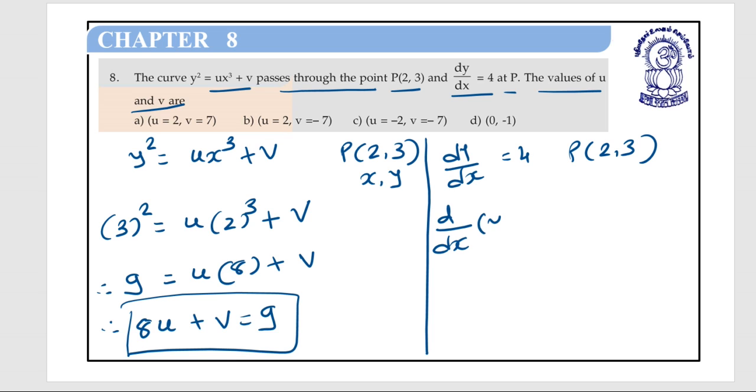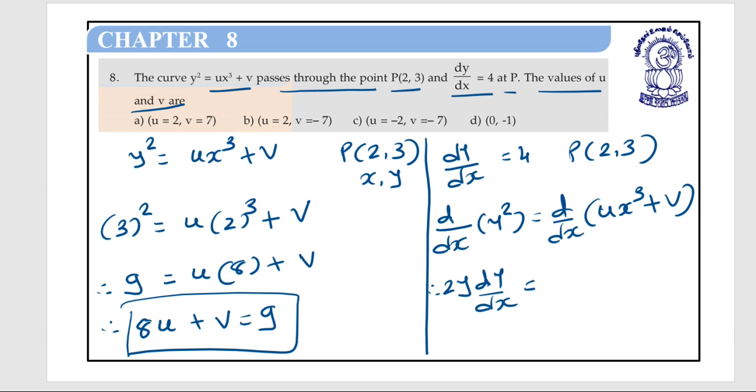So d by dx of y square is equal to d by dx of ux cube plus v. So y square means 2y dy by dx is equal to u d by dx of x cube plus constant term v, so it is 0.